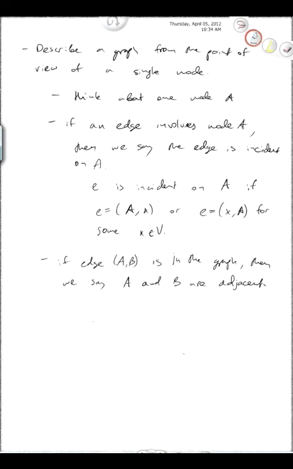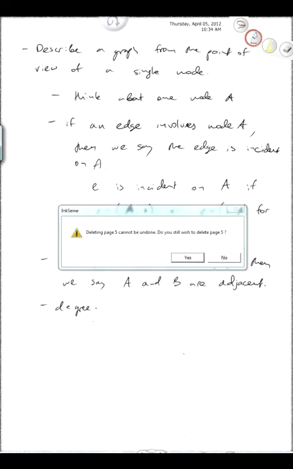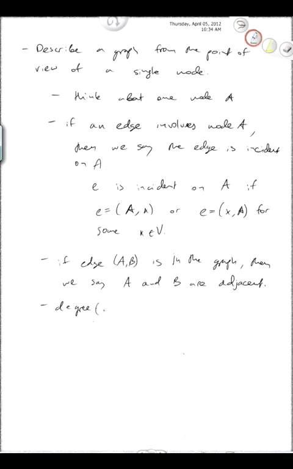And that really makes sense because if you think about it, an edge makes one node be next to the other, and so that's where the word adjacent comes from. The degree of A is the number of edges incident on A.